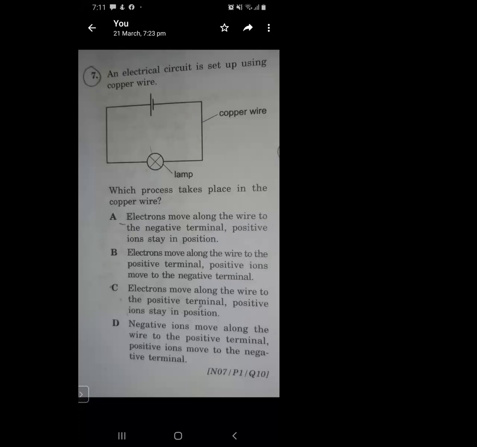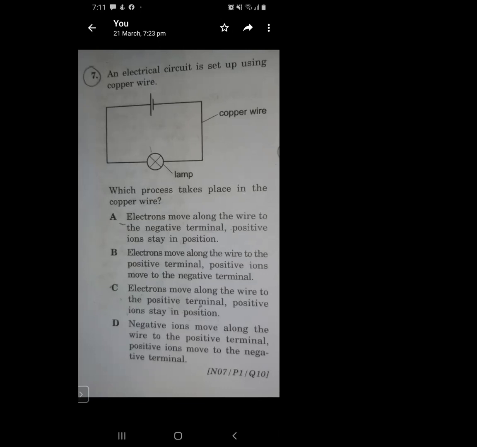No way. There are no positive ions and electrons are not moving to the negative terminal. Option B, electrons move along the wire to the positive terminal. Yes. Positive ions move to the negative terminal. No, there are no ions. So the first part is correct, but the latter part is incorrect.